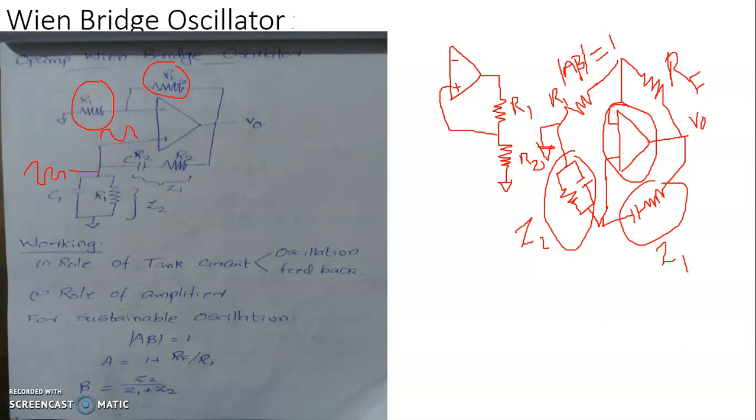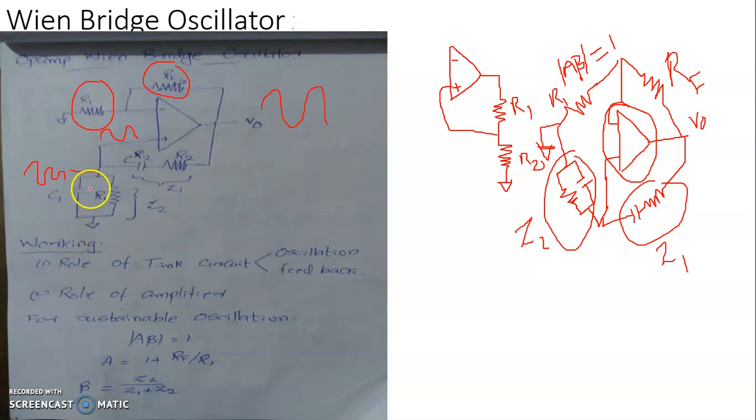To have this in-phase feedback, we employ a positive feedback, and a part of this output energy is injected into this damped oscillator, so that sustainable oscillation can be obtained here. So now we will see the working under two different titles.